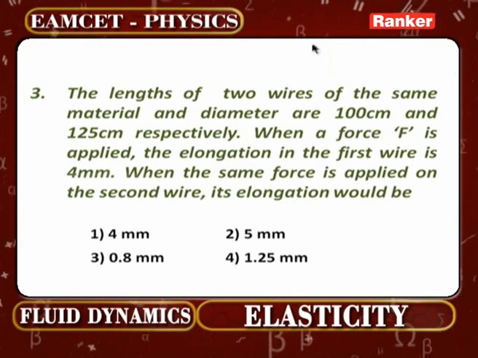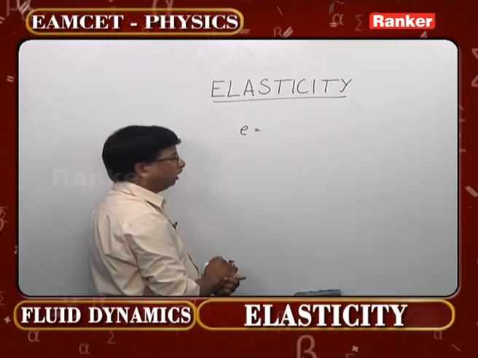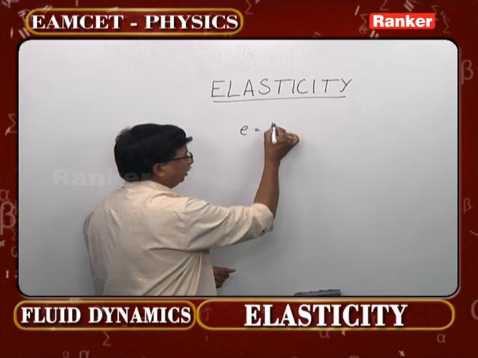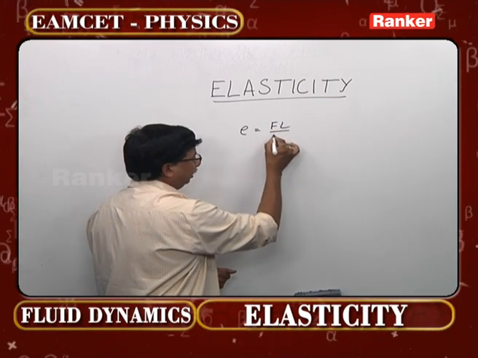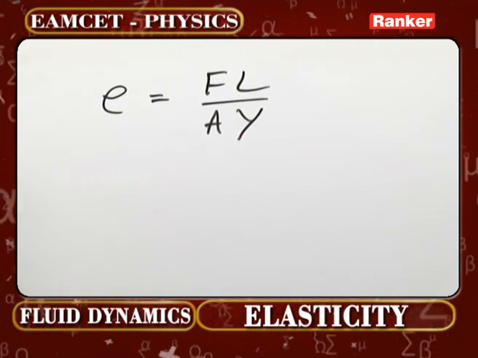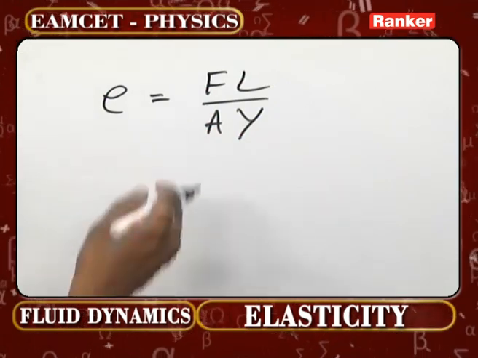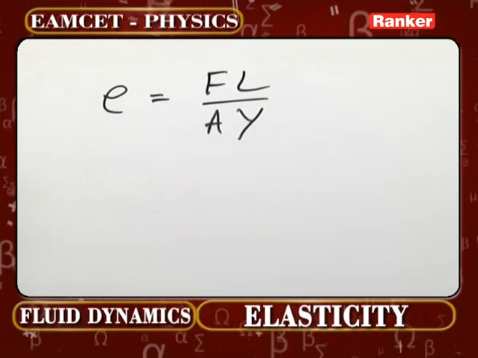That is the concept. In fact, we all know Young's modulus formula when you take up, elongation can be written as FL by AY. Observe carefully, F is the force that is applied. L is the original length of the string or the wire, and A is area of cross section, Y being the corresponding Young's modulus.